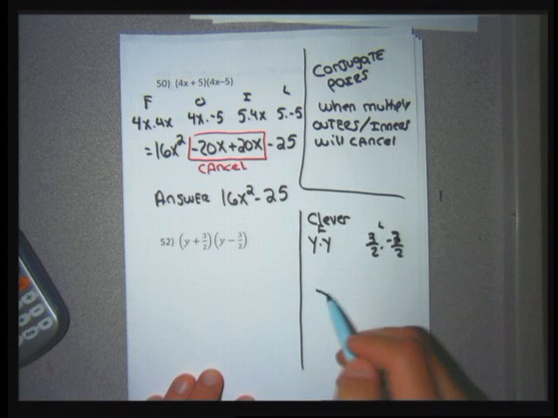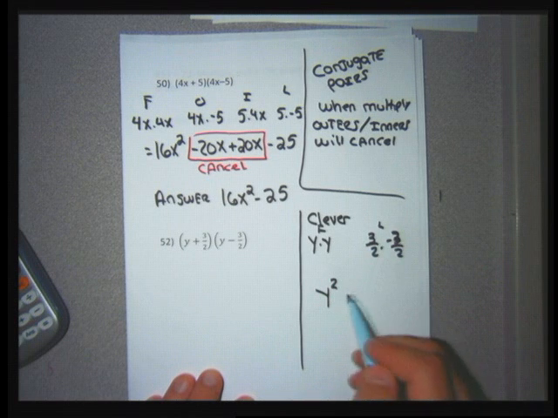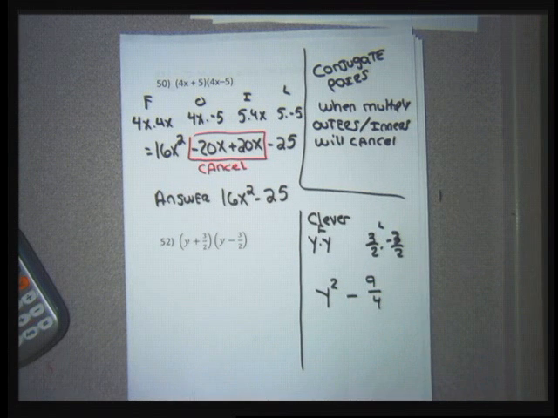Y times y is going to give me y squared. To do the last, I multiply 3 times negative 3 and get a negative 9, 2 times 2 and get a positive 4. That's the clever way to attack problem 52, because anytime you're multiplying conjugate pairs, the outers and the inners will cancel.